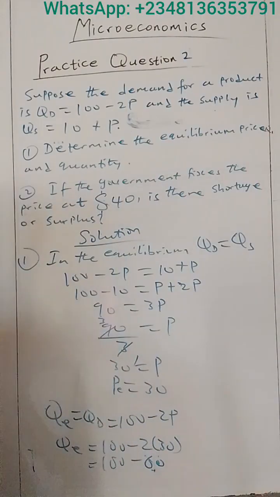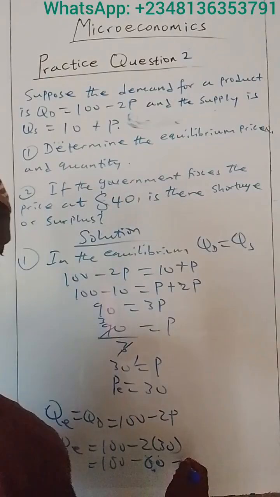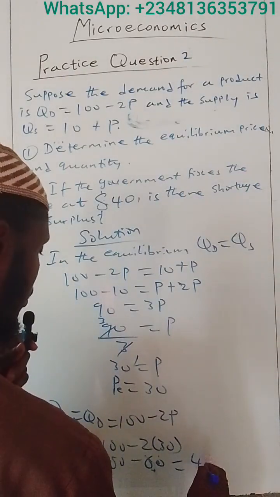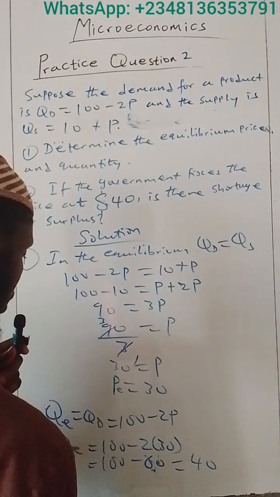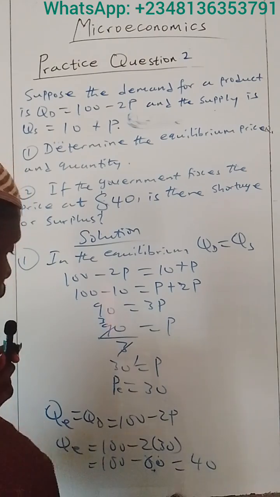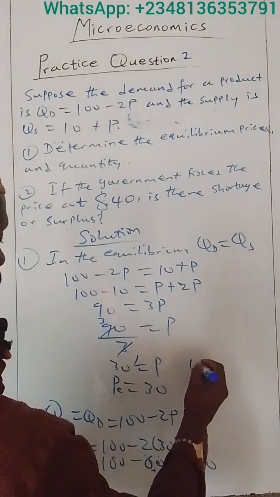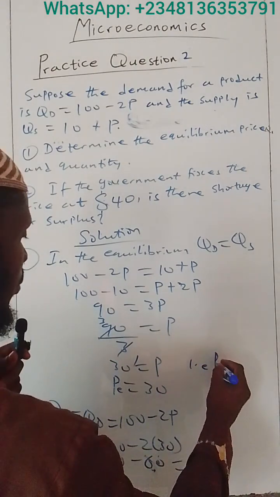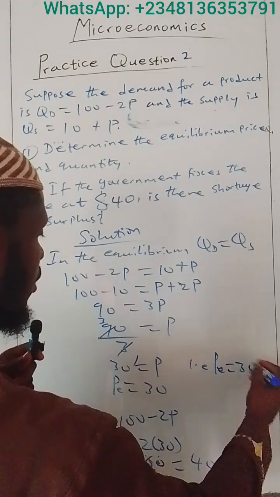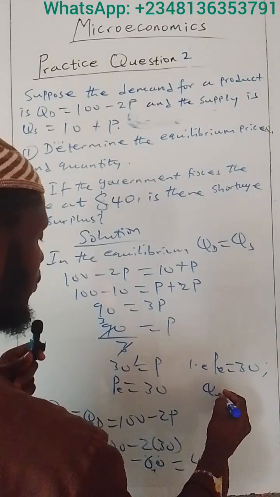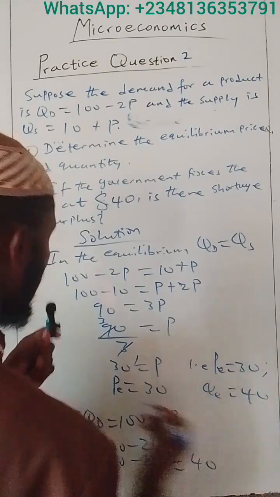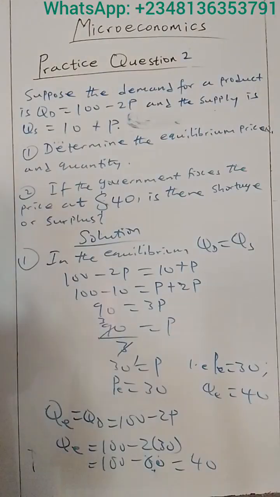Then 100 minus 60, that will give us 40. So in other words, equilibrium quantity is 40 units. Therefore, we have our equilibrium price equals 30, while equilibrium quantity is equal to 40. This is the end of the first part of the question.